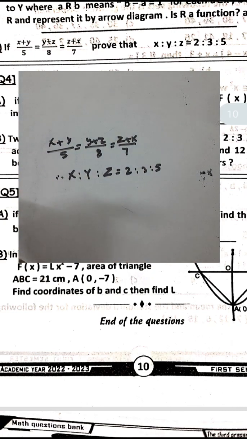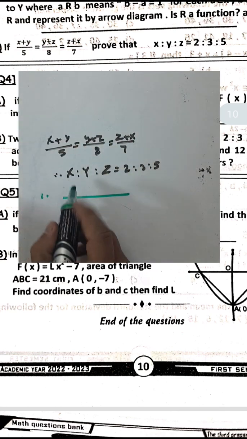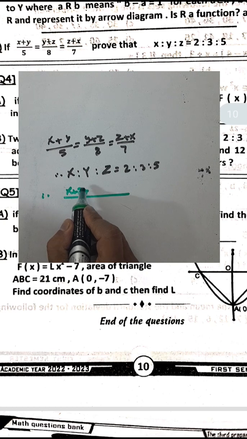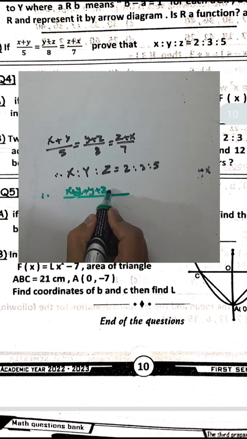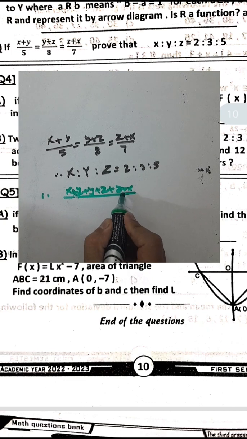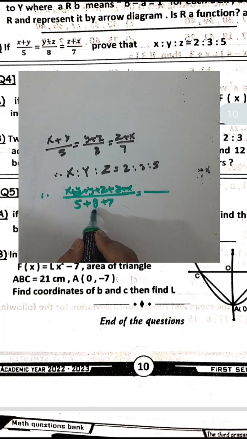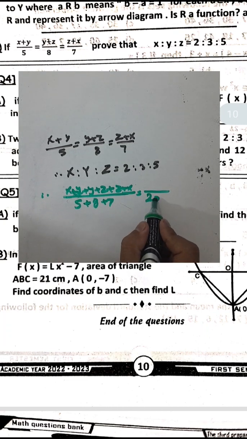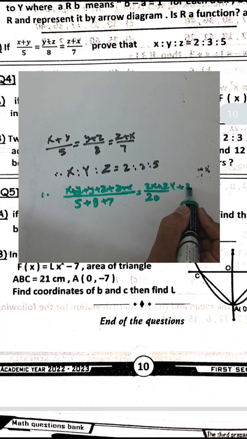We can add all the numerators and all the denominators. We can find (x plus y plus y plus z plus z plus x) over (5 plus 8 plus 7). 5 plus 8 equals 13, 13 plus 7 equals 20, and we have here 2x and 2y and 2z.